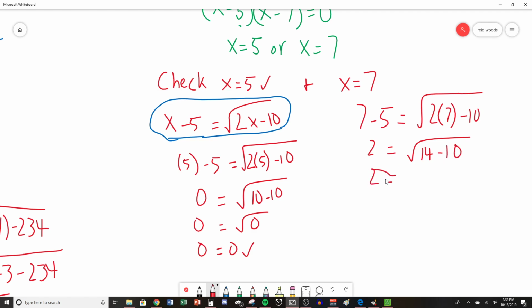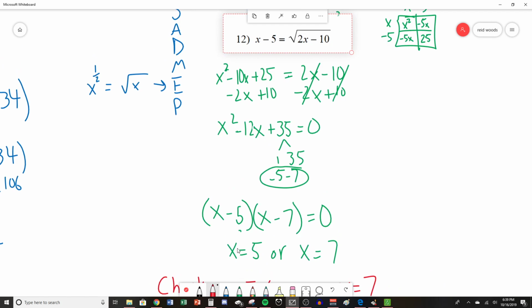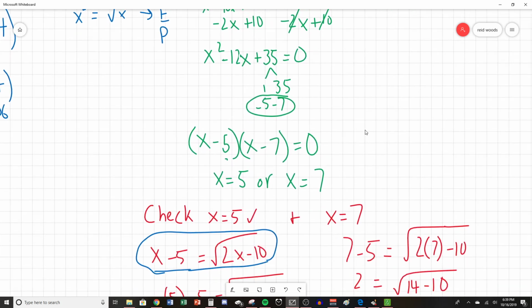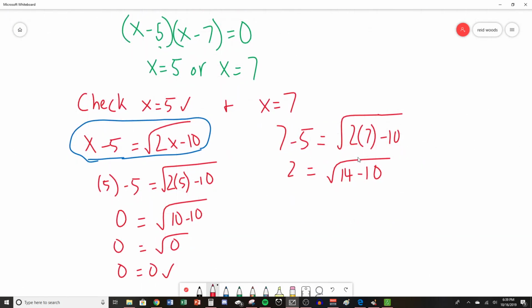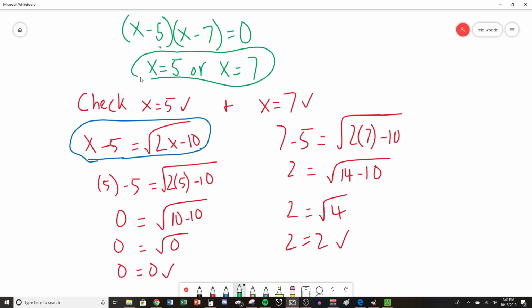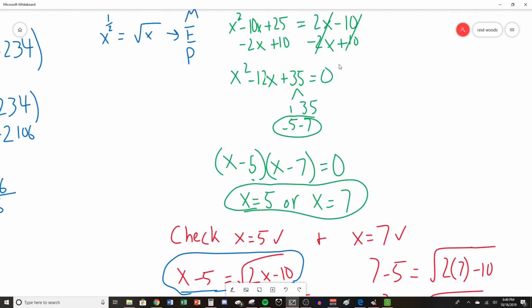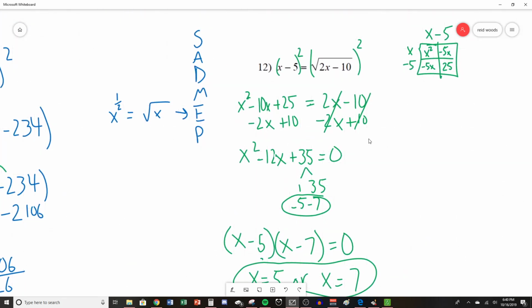We get 2 is equal to the square root of 14 minus 10, that is 4. So the square root of that. And then, what is the square root of 4? Well, it is 2. So there it is again. These both are verified. That means that both of these are valid answers to the question, but we still had to check anyway. Okay. That'll be all for this video.